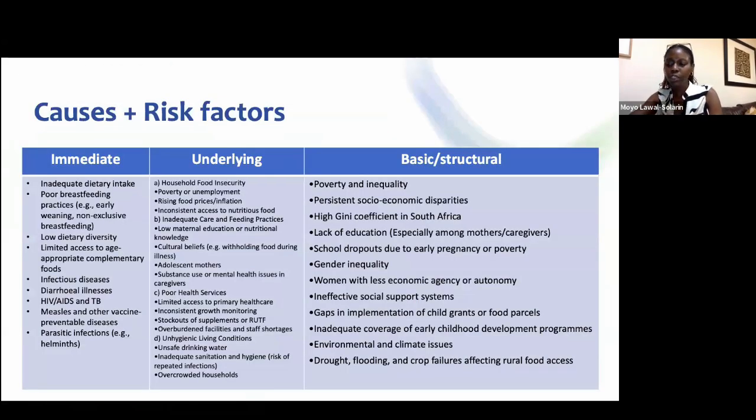Okay, so the risk factors and causes of malnutrition are almost never straightforward. It's almost never one-dimensional, especially in our context, where there's a lot of social issues and a lot of poverty. So it's very multi-layered, it's very complex, and we can see here that it involves basic and structural as well as underlying factors that contribute towards food insecurity or towards children being malnourished.